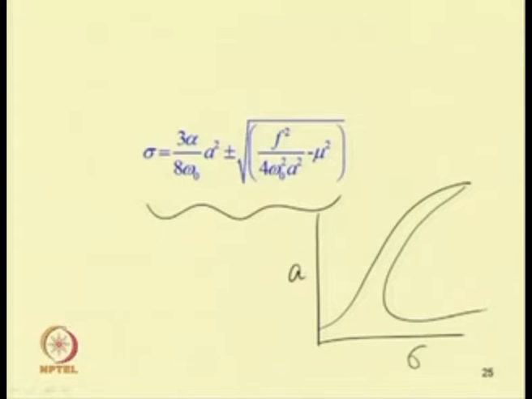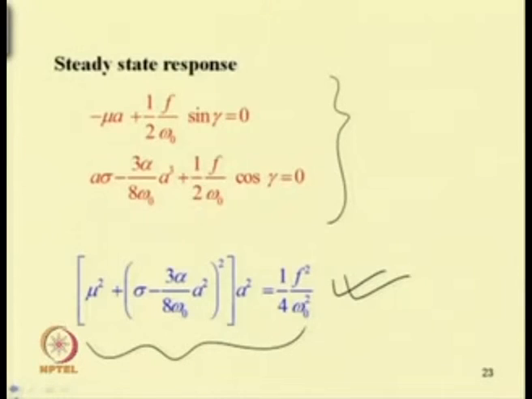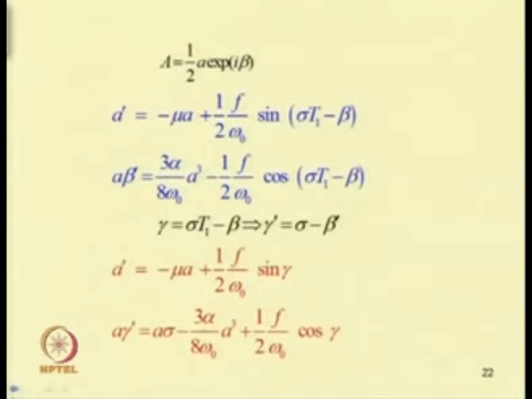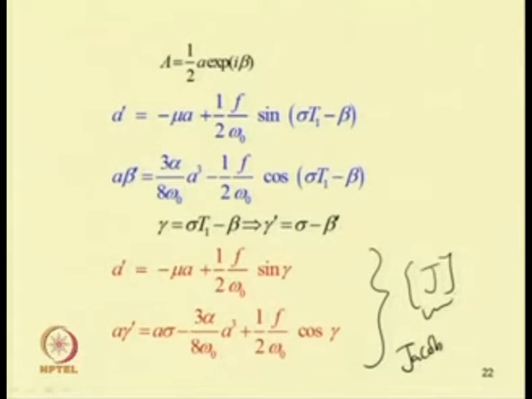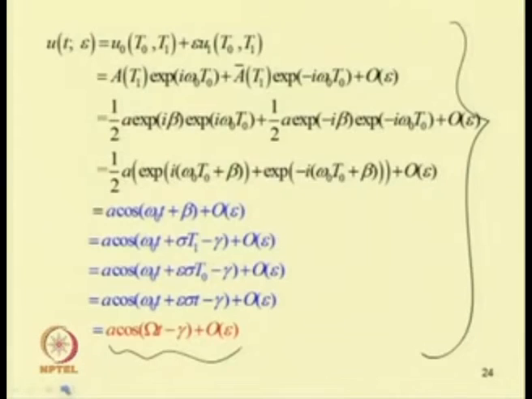Also one can study the stability of the system by finding the eigenvalue of these two reduced equations, by finding the Jacobian matrix and finding the eigenvalue of the Jacobian matrix.